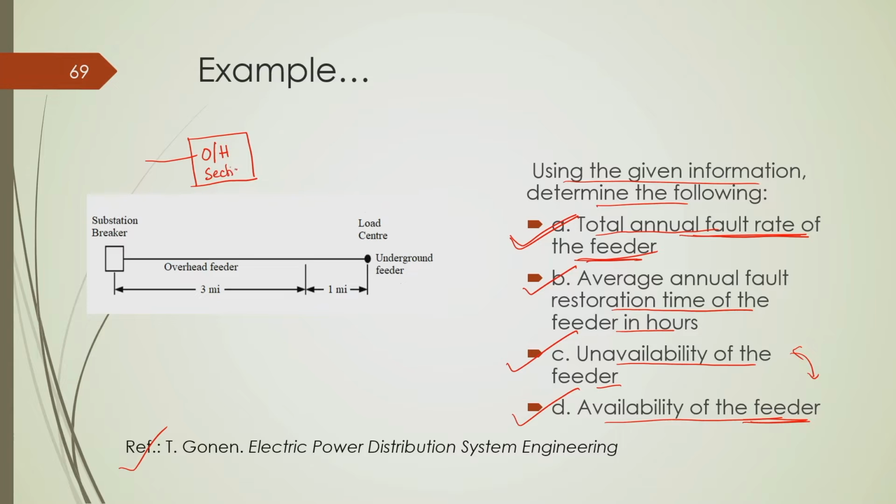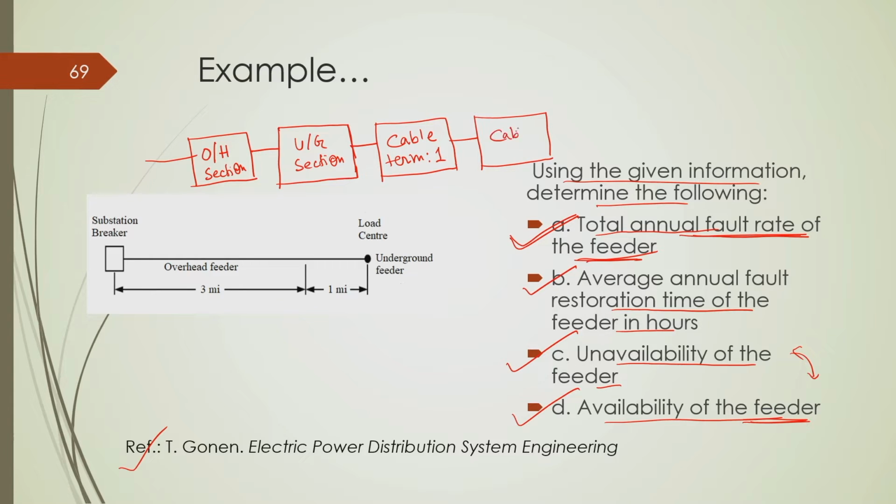Another component is underground cable, that is UG section, underground section. Another component is cable termination 1, and another component is cable termination 2. So, these 4 components are in series.